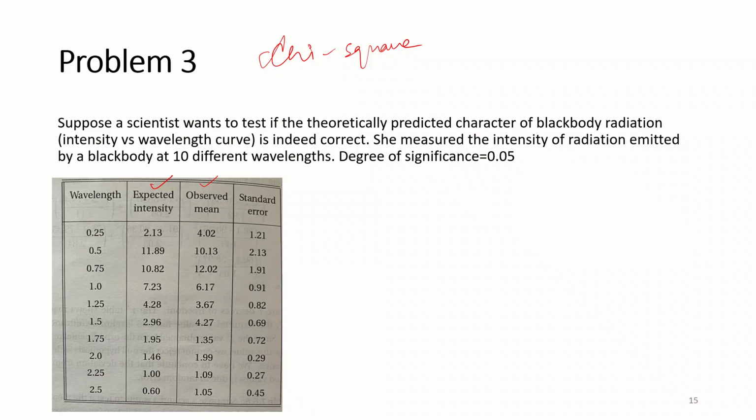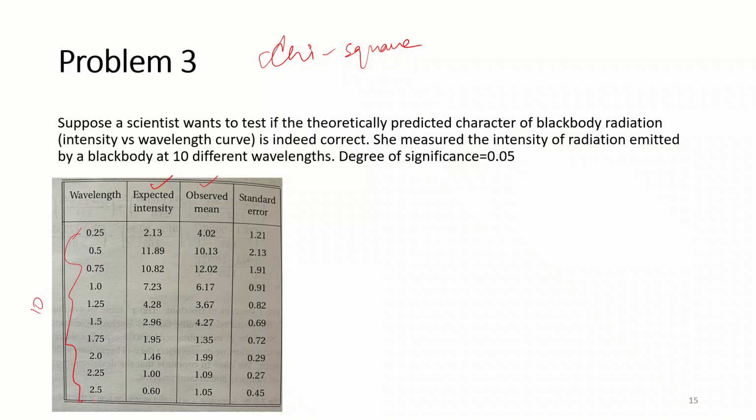Can anybody tell what is the degree of freedom? I think 9, sir. So degree of freedom usually means the number of independent parameters. Here all the terms are independent of each other, so the number of independent terms here is 10 only.